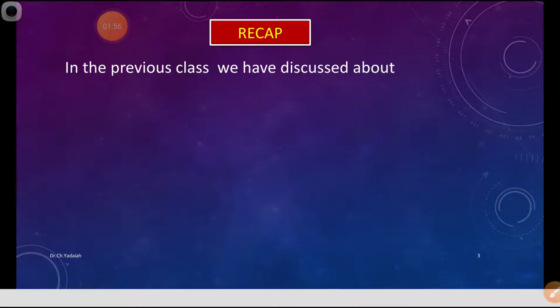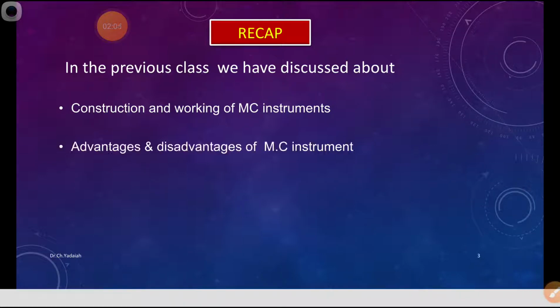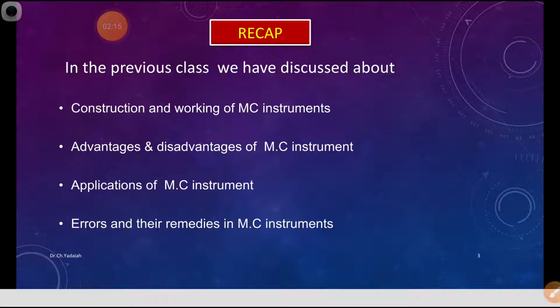In previous classes, we have seen the construction and working of moving coil instruments, advantages and disadvantages of moving coil instruments, the application of moving coil instruments, and errors and their remedies in moving coil instruments.